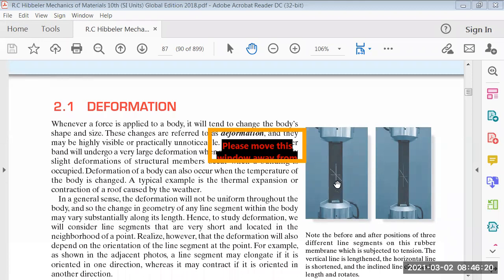If we pay attention to the vertical line, what kind of deformation would the vertical line experience if I apply a tensile force to the rubber band? Can anyone tell me what kind of deformation? Deformation is any change in length.